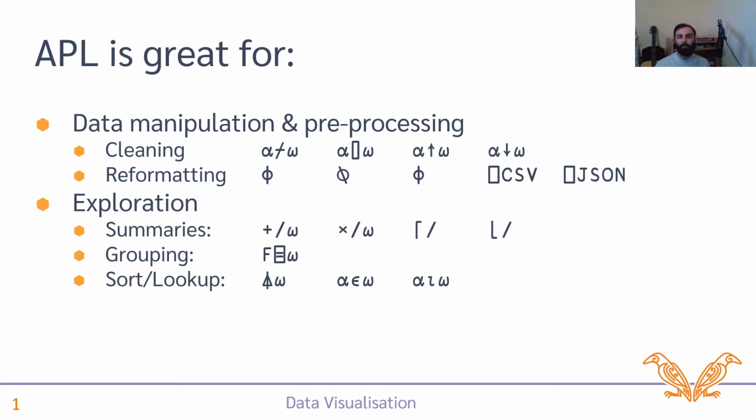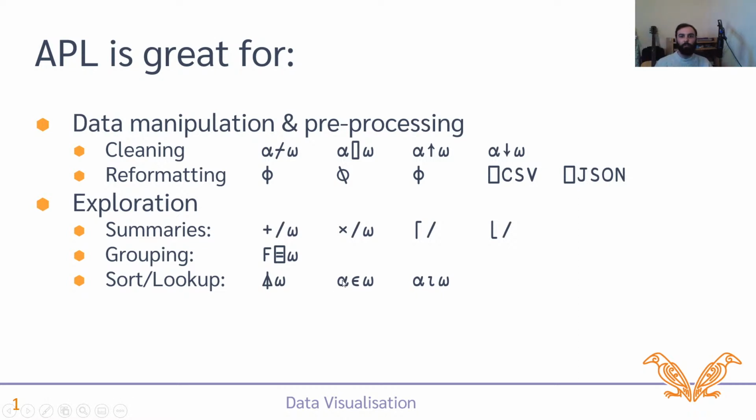Or perhaps reformatting: you got data from somewhere in a particular format, but whatever package or pipeline you're using needs some other structure. It's also fairly straightforward to do that. And exploring data is also quite accessible through the primitives and even some very powerful short expressions. So yeah, we know APL is great for this sort of stuff.